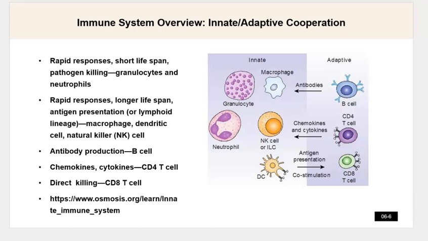As we move forward, we're going to talk more about how the innate and adaptive immune systems work together, and they can be interconnected and often overlap. We'll jump more into some of these processes. So the CD4 cells are the helper cells, the CD8 cells are the direct killing cells.